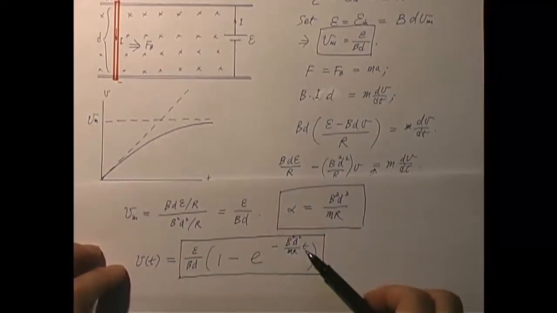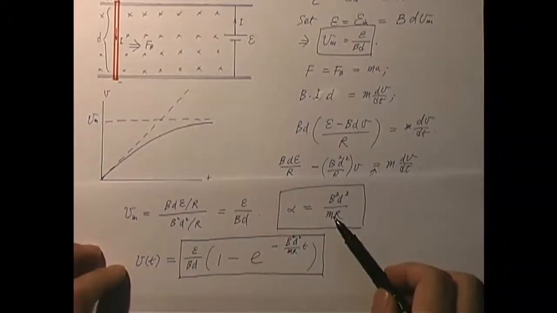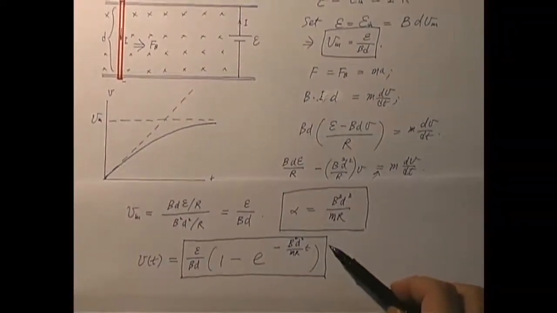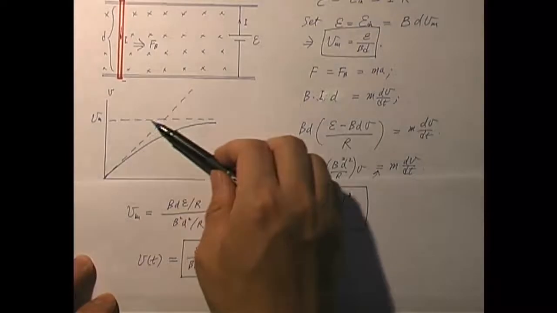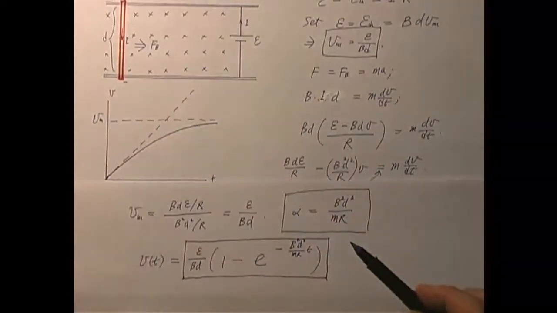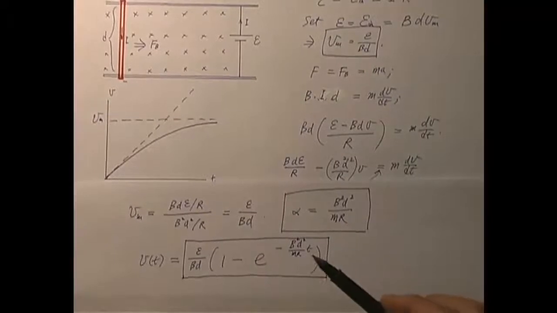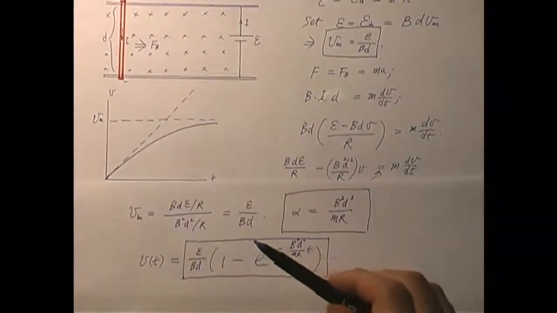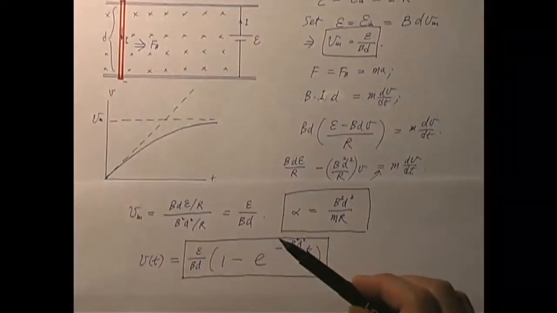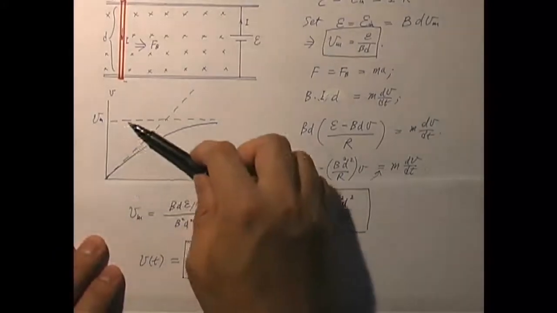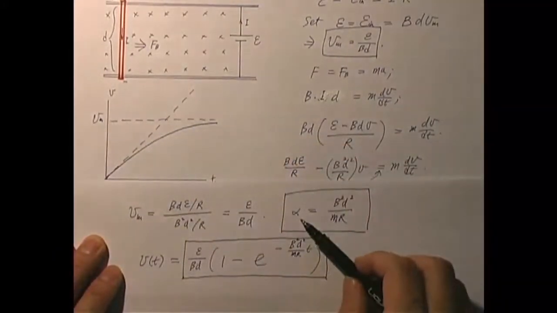Now on that side, look at alpha. Alpha equals b squared d squared over m r. Mathematically, the greater alpha is, the faster it's going to reach a saturated value. The reason why it reaches a saturated value, once again, is because of Faraday's law. If Faraday's law is relatively important, then it's going to reach the saturated value faster, which means alpha will be a greater number.